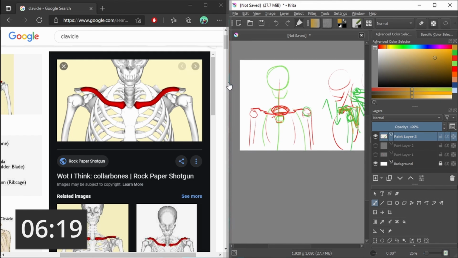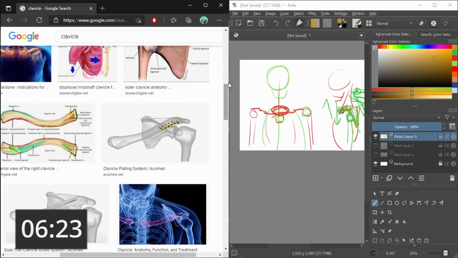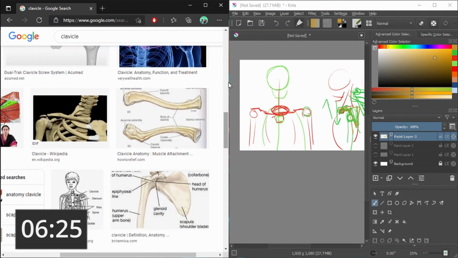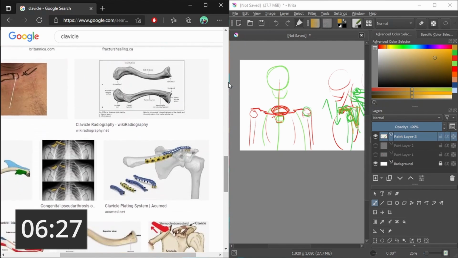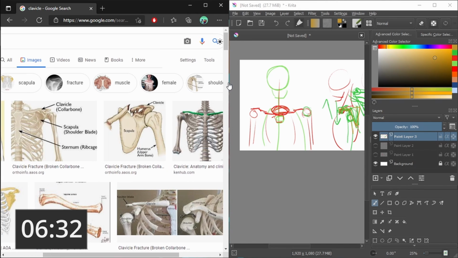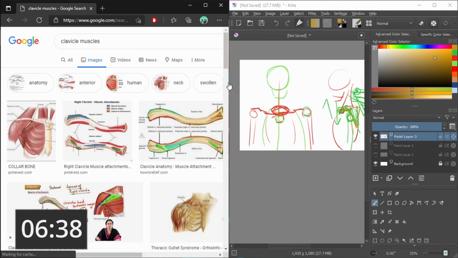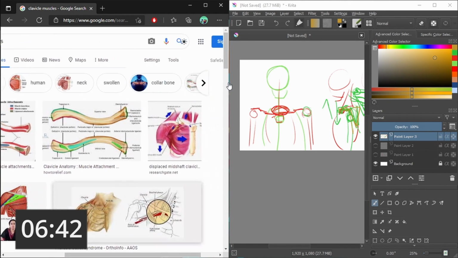I was actually interested in how that connects to muscle, how the bones. Maybe something a little more exact, perhaps? Maybe clavicle muscles? Okay, go. Clavicle muscles. Okay. If you see over here, no, sorry.